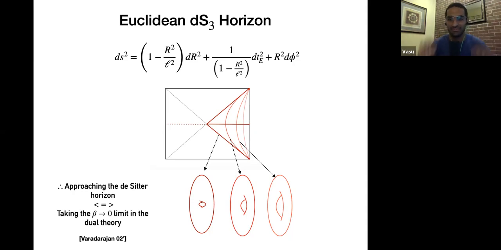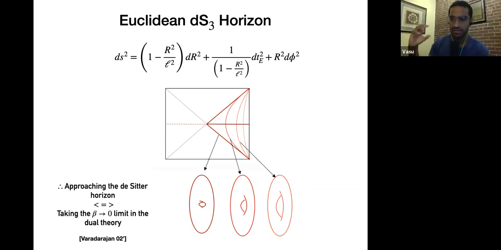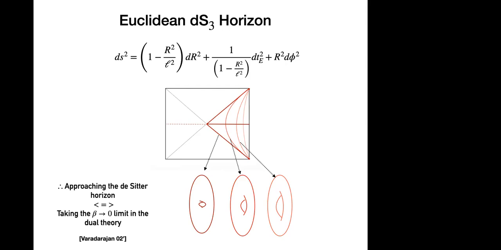And notice that as r approaches L, the prefactor of the t_E squared term will go to 0, and basically that sets the period of the time circle in this torus. And this is how the torus pinches to the hemisphere that one would normally consider when looking at the Euclidean de Sitter horizon.